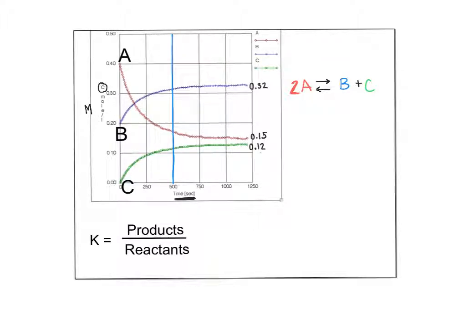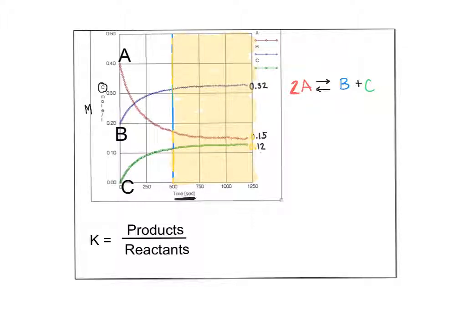Notice they're not equal to each other, but they don't change anymore very much. So this whole area past 500 seconds represents what this unit is all about, and that's equilibrium, when the forward rate and the reverse rate are equal.